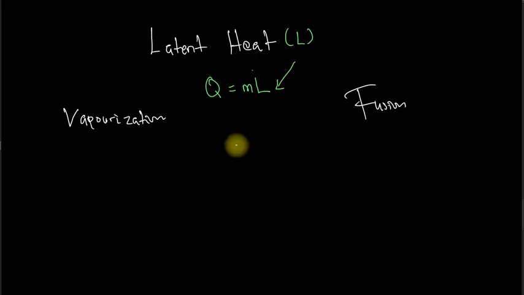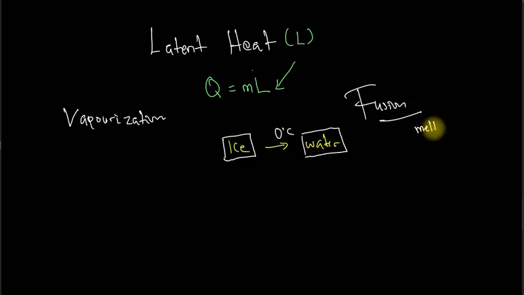Now, latent heat can only occur at the same temperature. So if ice changes to water, this change of state occurs at the same temperature of 0 degrees Celsius. What caused the change of state from ice to water? It is latent heat of fusion. Fusion also means melting.